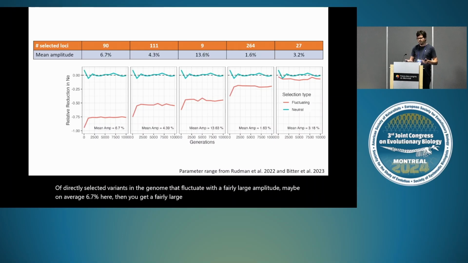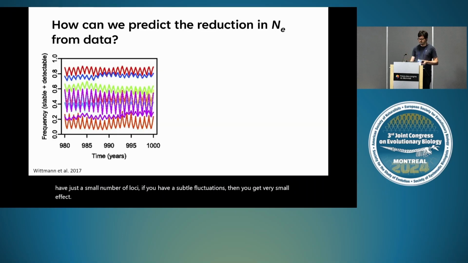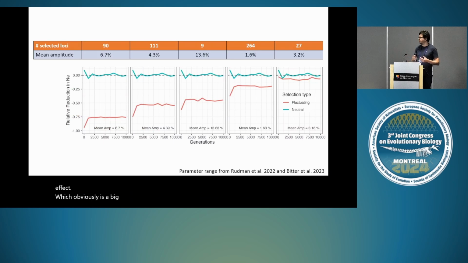If you have just 9 loci, but they fluctuate quite strongly with 13.6% on average, then you still get a decent effect. But if you have just a small number of loci with very subtle fluctuations, then you get a very small effect, which obviously is a big problem because we don't know the actual number of directly selected loci in the genome.